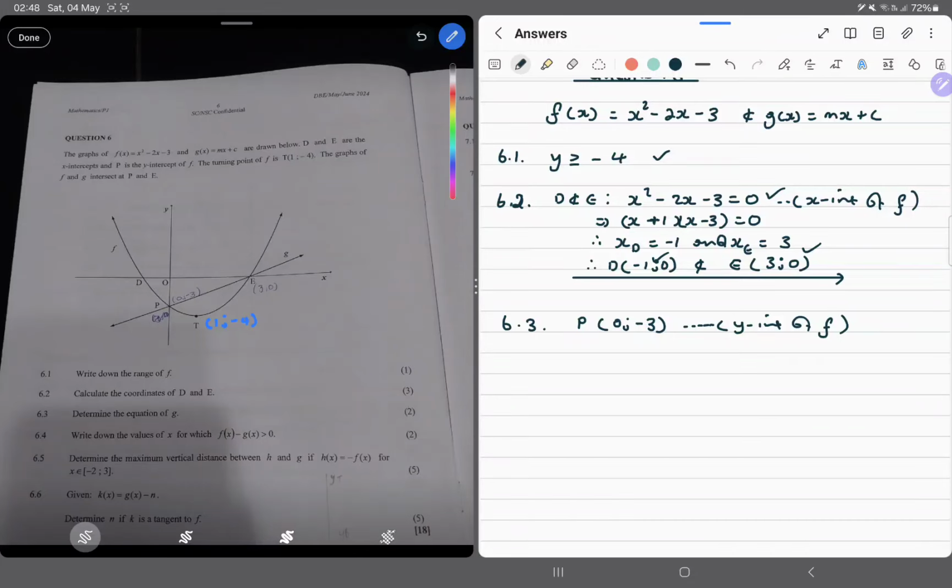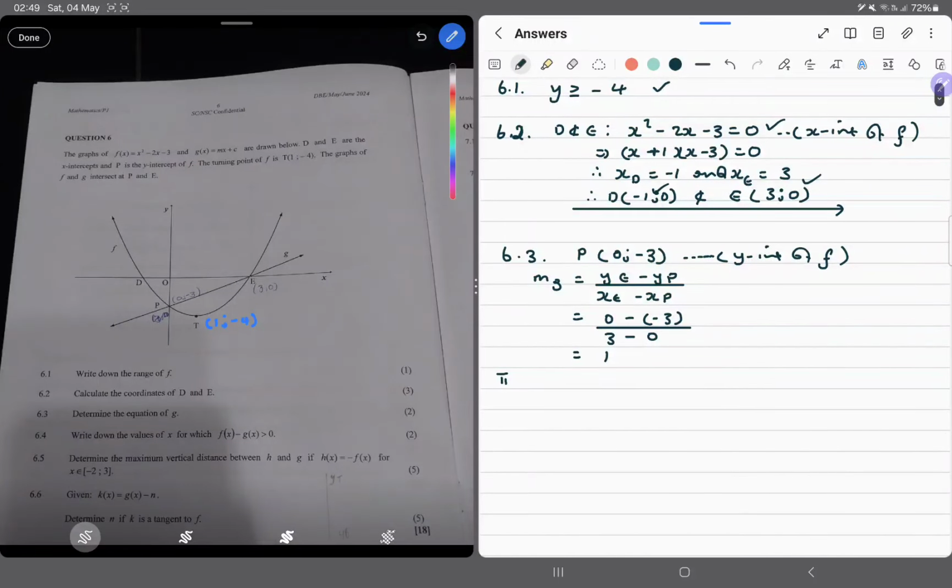Now for y-intercept, it implies x must be 0, and those are the coordinates. So that's easy. So we can say now the gradient of g is going to be y at E minus y at P divided by x at E minus x at P. Y at E is 0, minus y at P is minus 3, divided by x at E is 3 minus 0. So this is 1.